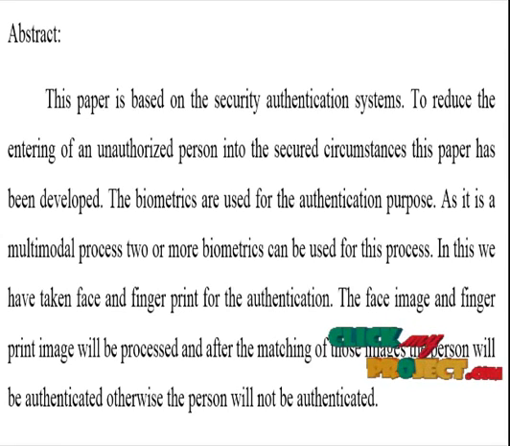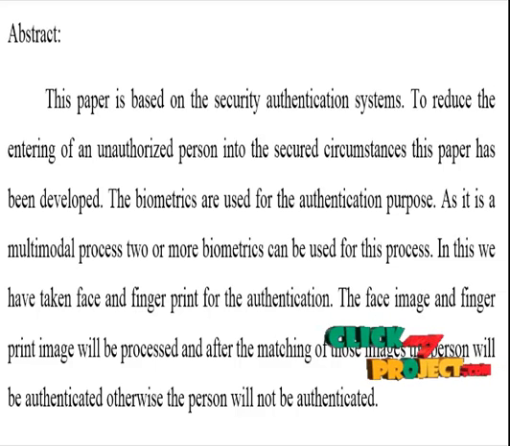The main purpose of developing this project is to increase the security efficiency of a highly secured place or a bank or anything else. This paper is based on security authentication systems to reduce the entering of an unauthorized person into secured circumstances.